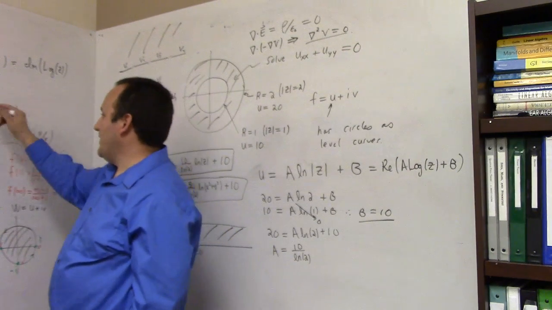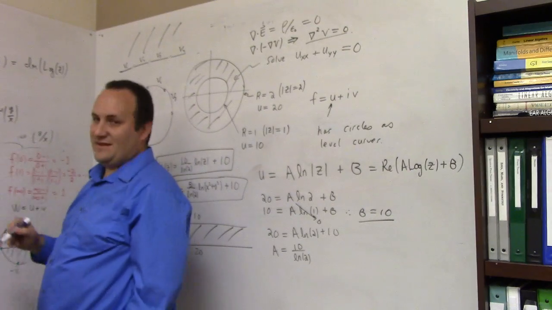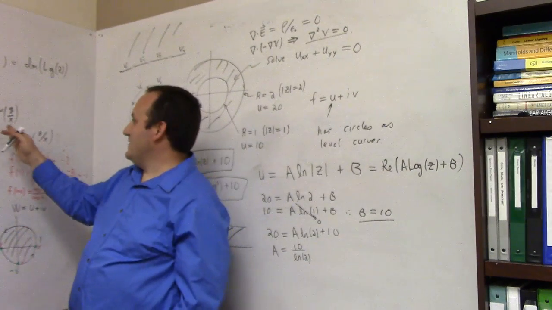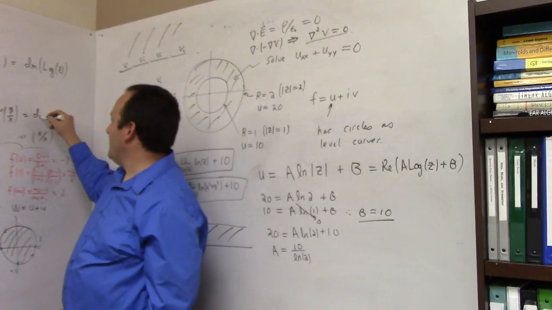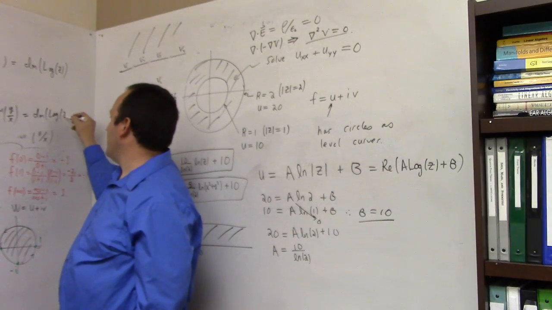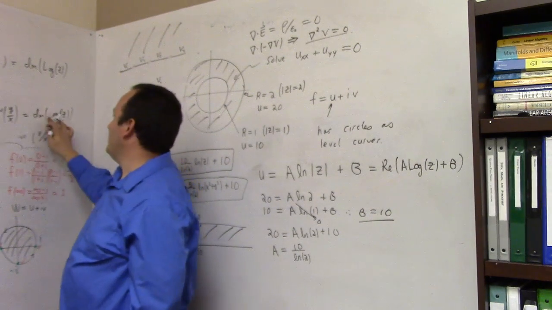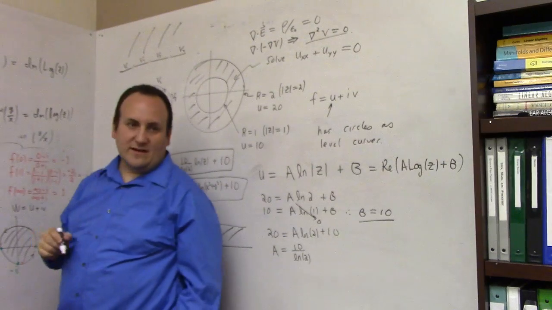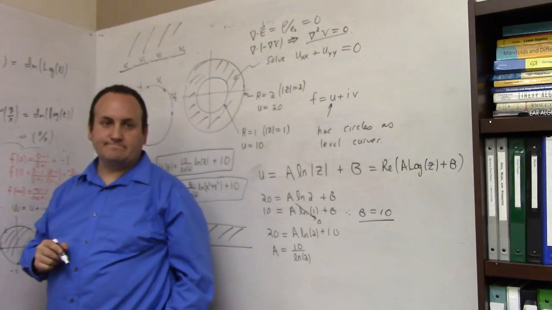That will be a solution to Laplace's equation on this half plane, because this is the imaginary part of log z on that part of the plane. I should probably say little log z. Little log z doesn't commit to a choice of branch.